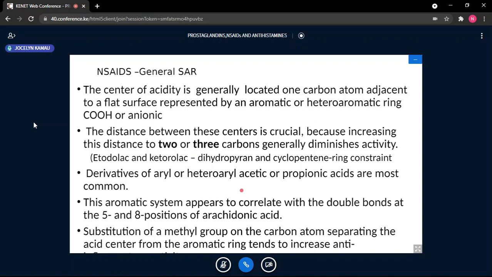Derivatives of aryl or heteroaryl acetic acids or propionic acids are most common. If you go out into the market, diclofenac is an aryl derivative, and indomethacin is a heteroaryl derivative.